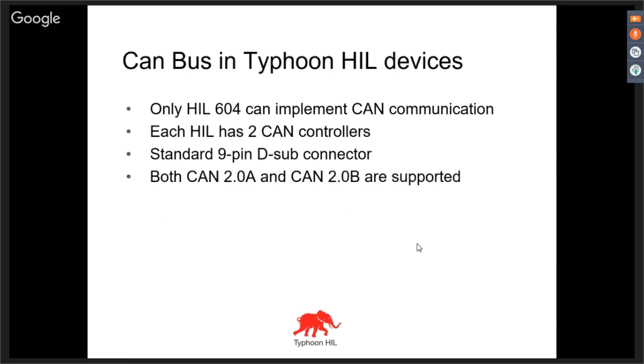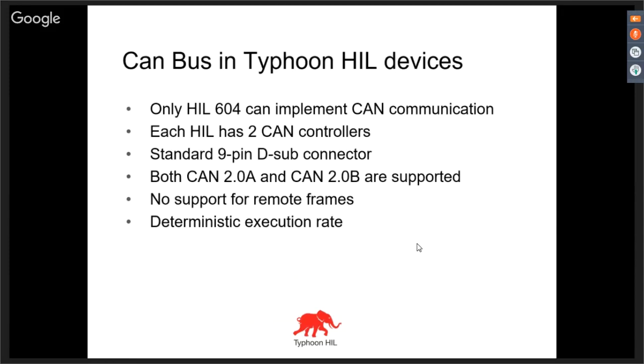Both CAN A and B are supported, and at this moment no remote frames are supported in our implementation. And again, like variable exchange, this protocol also has a deterministic execution rate.